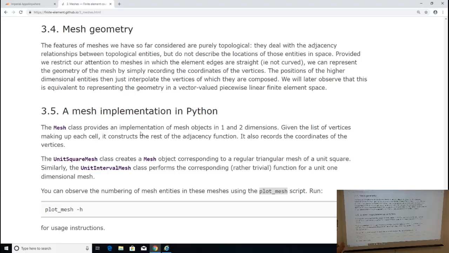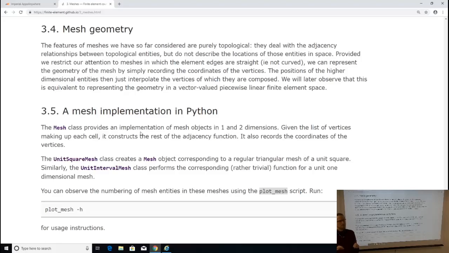So if we first of all think about the case of elements that actually do have straight edges, so they're actual polygons, which are the only case we're going to implement in this course, then it's sufficient to specify the locations of the vertices.